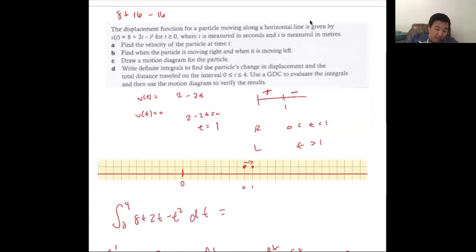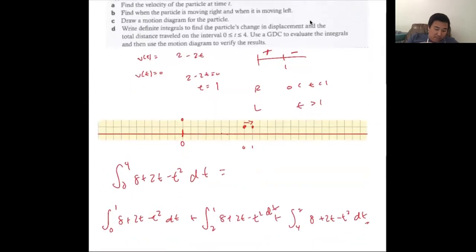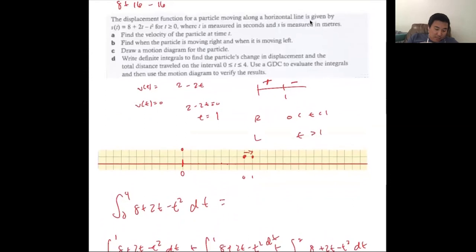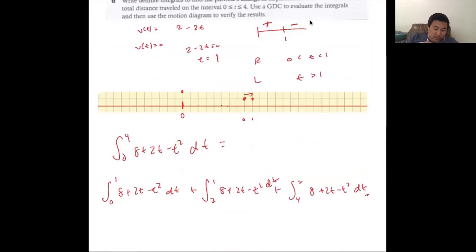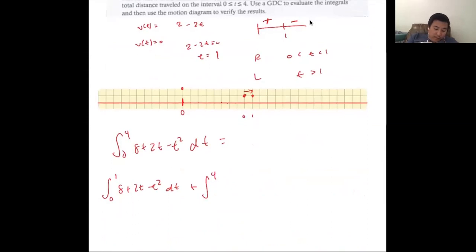Plug in 2, plug in 4, you get 0. I need to go from 2 to 4, or 1 to 4. But then it should be from 4 to 1.